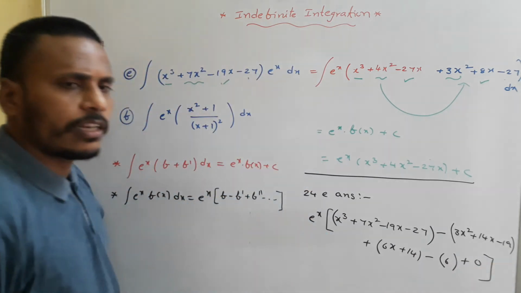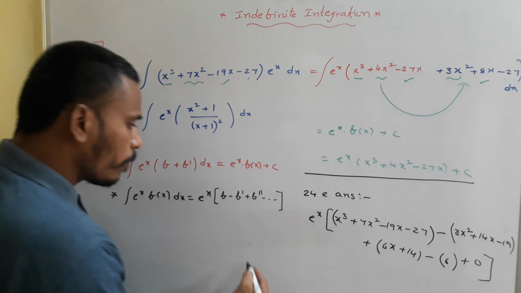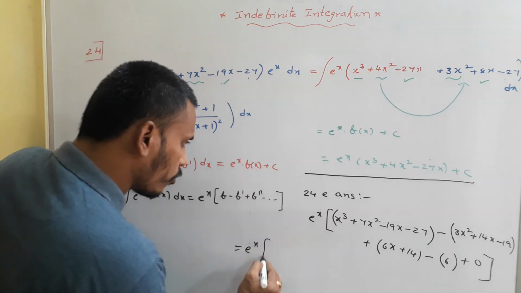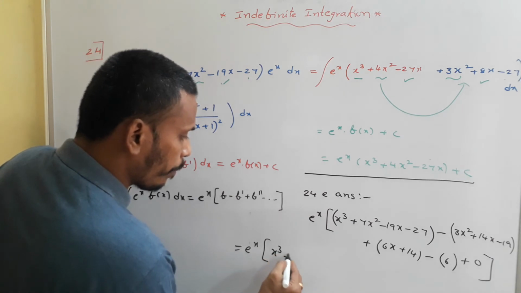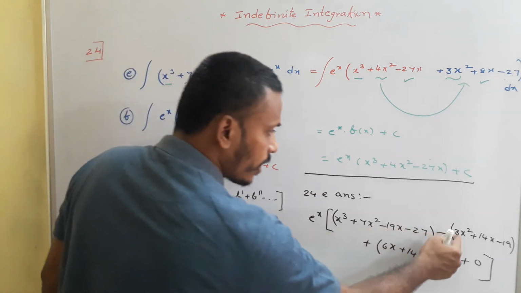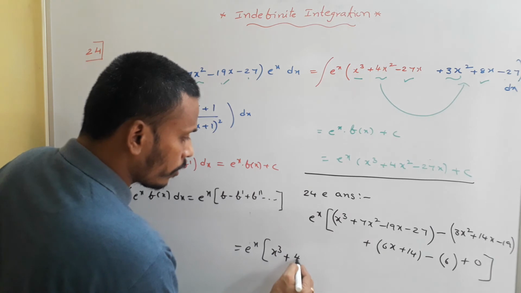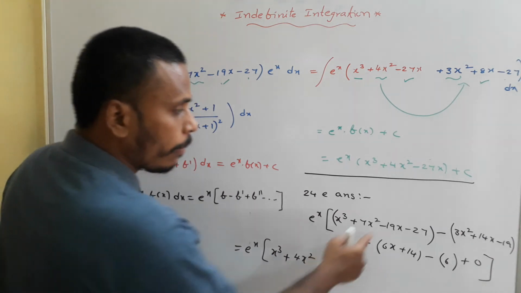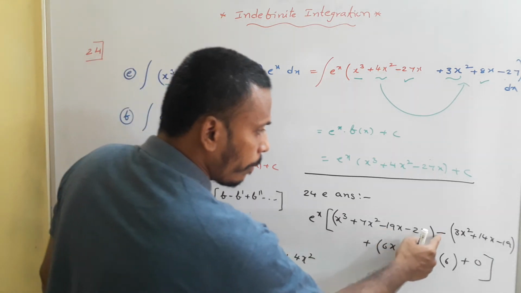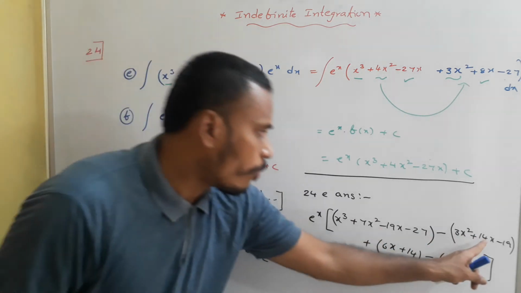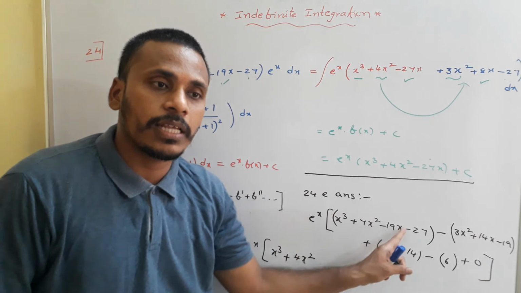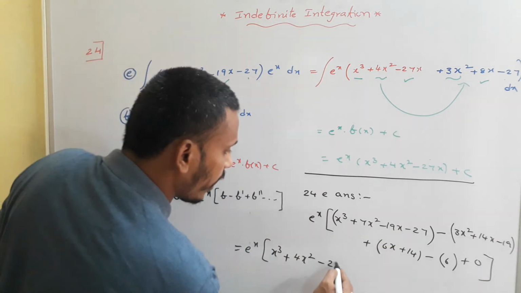So then there is a chance to stop. But then if we simplify, this is equal to e power x into, x cube term is only in one place. What is that? X cube plus 7x square minus 3x square, no other x square, so plus 4x square, minus 19x minus 14x plus 6x. Just check it. Minus 14 plus 6 is minus 8, and then it is minus 27x.